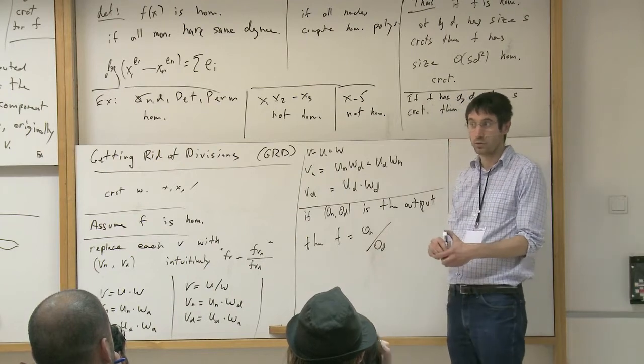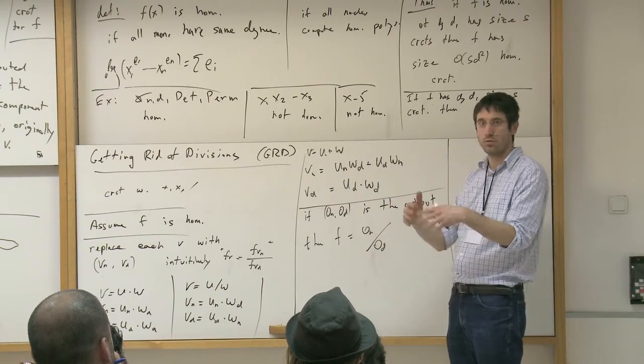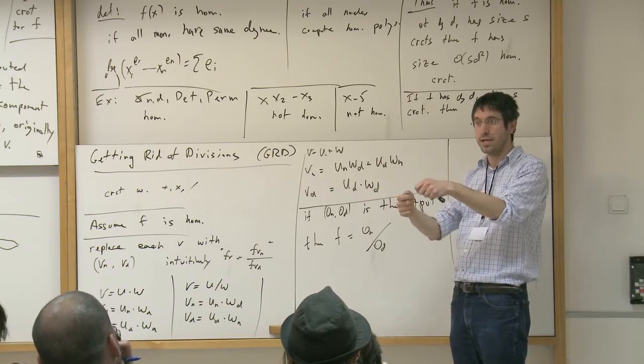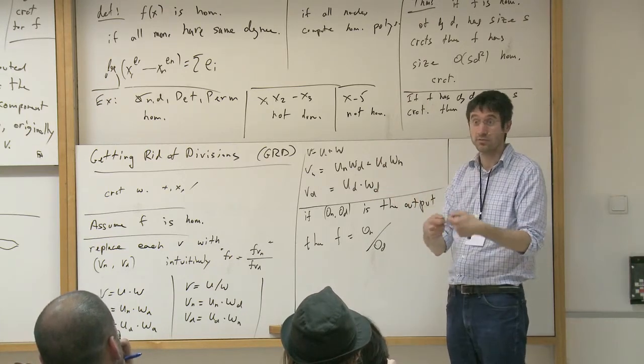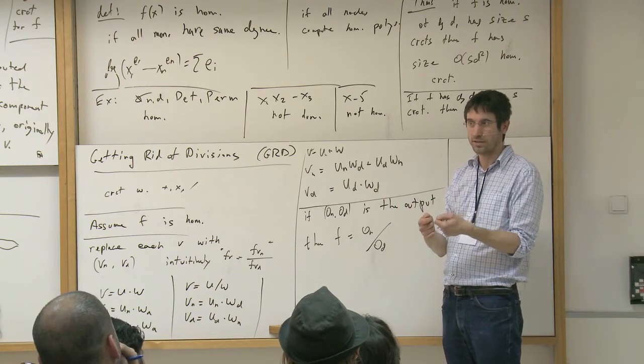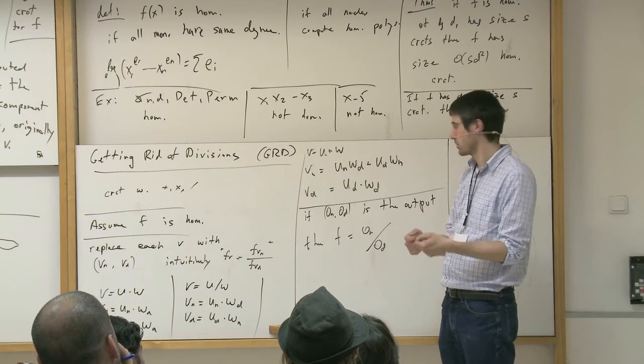So what is the situation? We have a polynomial size circuit that computes two polynomials, and I have to take their division, and I know that the result of the division is a homogeneous polynomial of degree d. I have that knowledge.